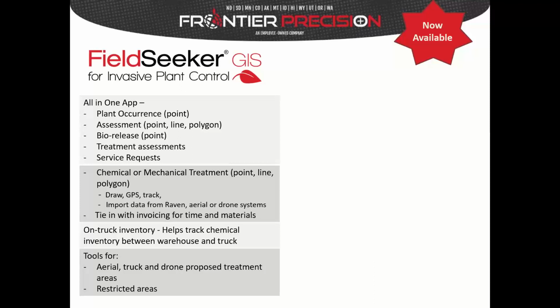The software can also record a GPS track of where the truck's been driven. We can also import data from Raven, aerial, or other drone systems. And then we can tie it all in so we have invoicing for time and materials. We also have an on-truck inventory system, which helps track the chemical inventory between the warehouse and truck and back.